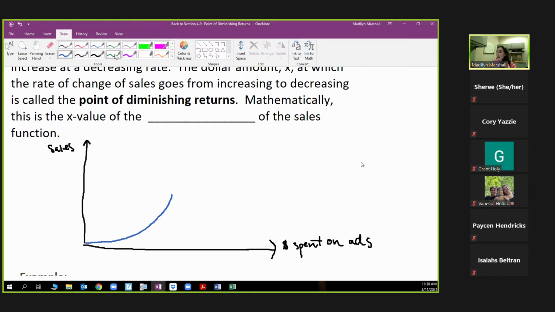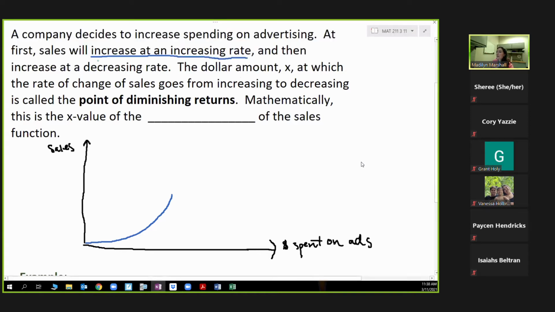But then eventually, the sales are going to increase at a decreasing rate. So sales are still going up, but it's starting to slow down. So as we put in more money for advertising, the return we get per dollar is diminishing.